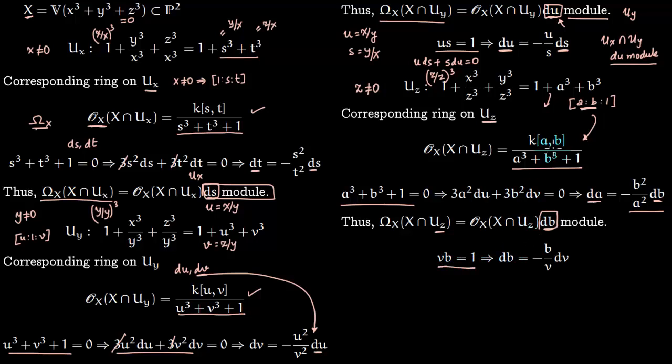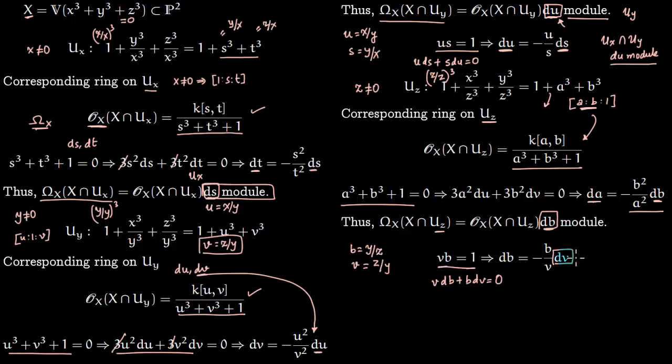Because of the way we have set up b, b is y over z, and v is z over y. So this is 1. So therefore you can take the differential: v db plus b dv equals 0. So you can solve for db. You get db in terms of dv. So instead of a db module, you can think of it as a dv module.